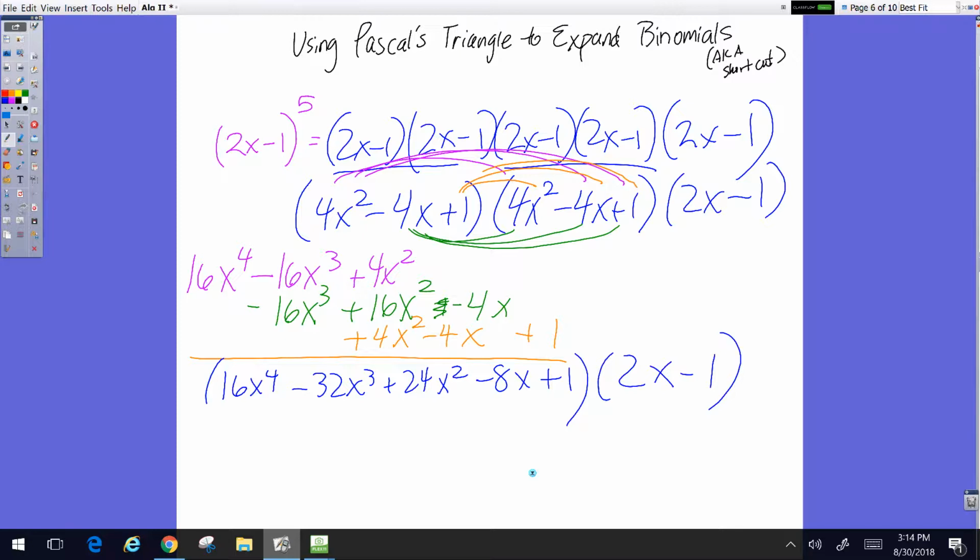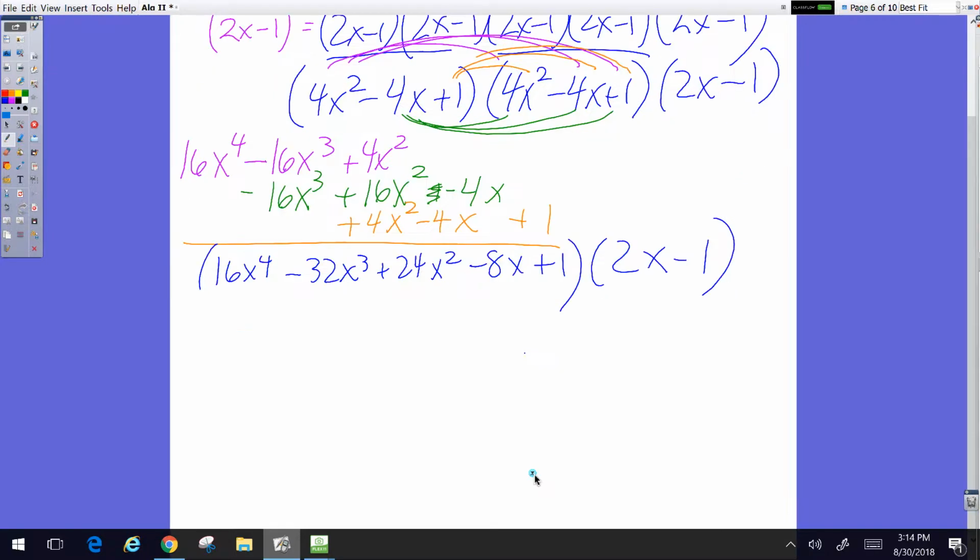I have to distribute the 2x through, and then I have to distribute the negative 1 through. Alright, so here we go. 32x to the 4th minus 64x cubed, and then plus 48x squared, and then minus 16x, and then plus 2x.